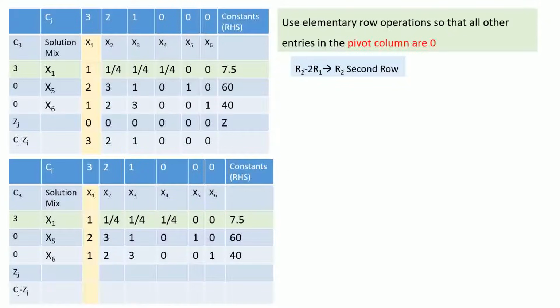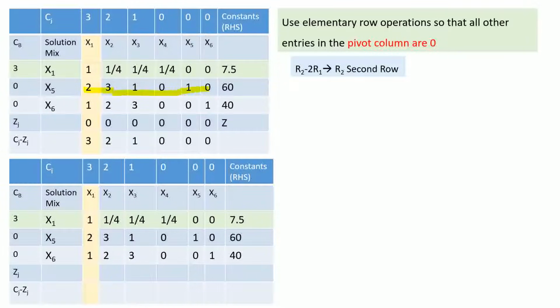Look at the operations. Using this matrix operation, row 2 minus 2r1. 2 times r1 means 2 times 1, 2.